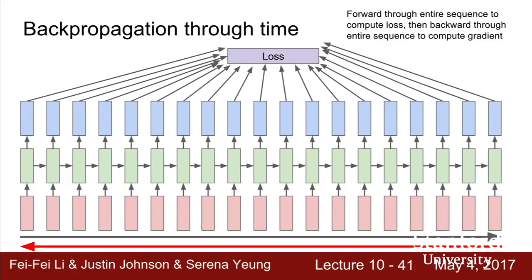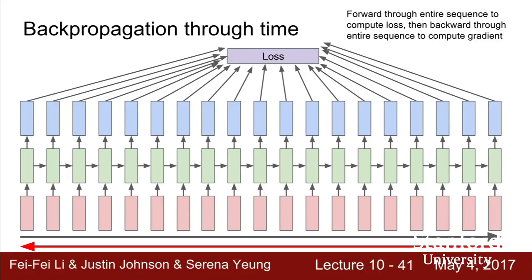If you imagine that we were trying to train a neural network language model on maybe the entire text of Wikipedia, which is, by the way, something that people do pretty frequently, then this would be super slow. Every time we made a gradient step, we would have to make a forward pass through the entire text of all of Wikipedia, and then make a backward pass through all of Wikipedia, and then make a single gradient update.